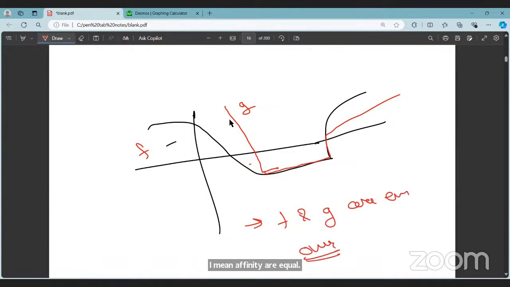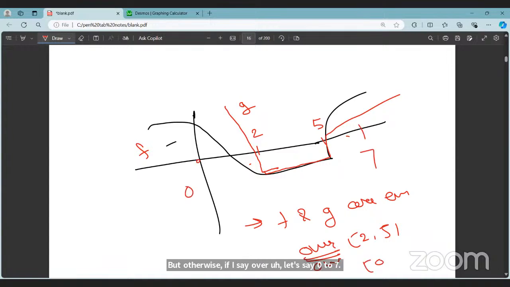You have to give some region. Over that region only we can say two functions are equal. For example, over the closed interval 2 to 5, they are equal. But if I say over, let's say, 0 to 7, then they are not equal, right? So equality of functions actually depends on the region also, at what region you want to say they are equal.